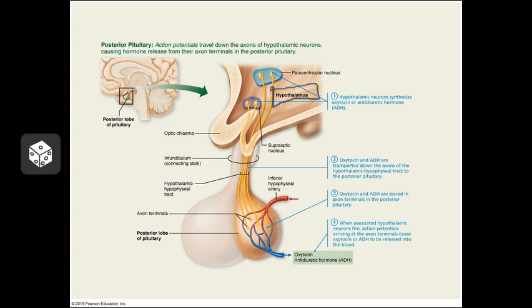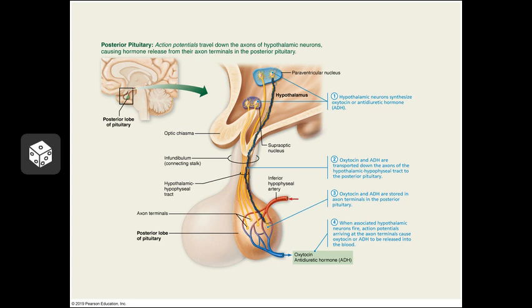So here we can see that the nerve cell bodies of these neurons, and here they're only showing a couple, are located in the hypothalamus, and then the axon stretches down into the posterior pituitary.